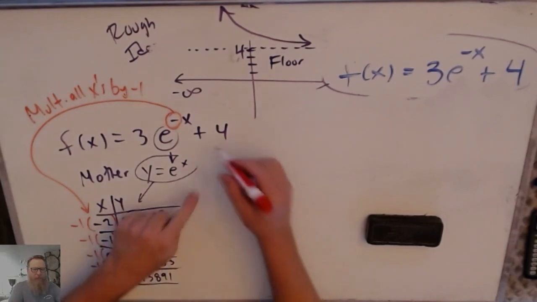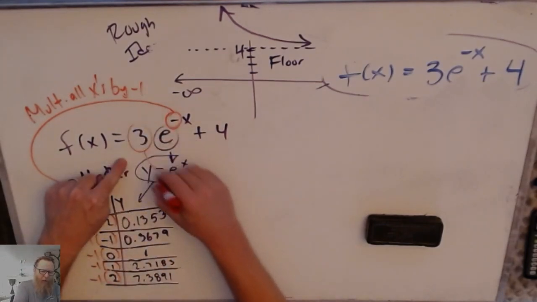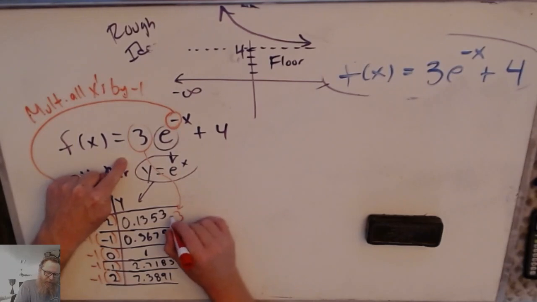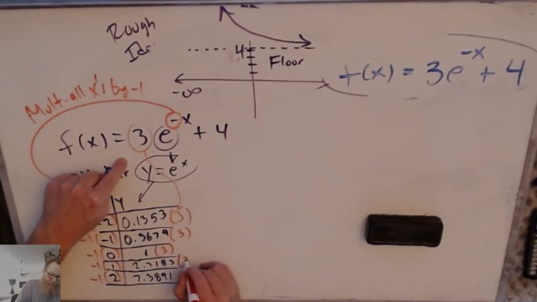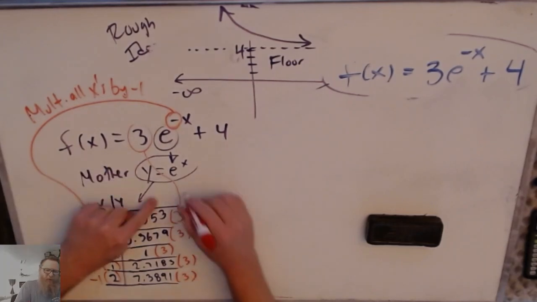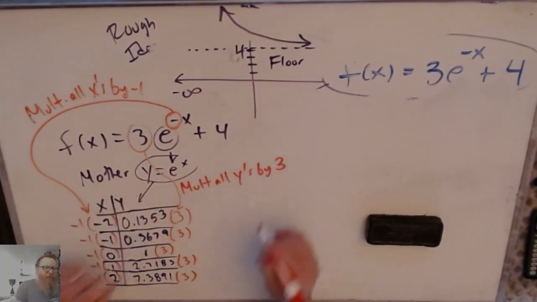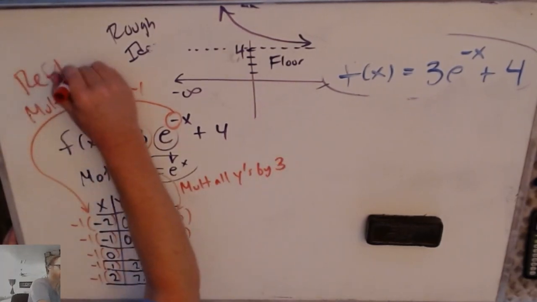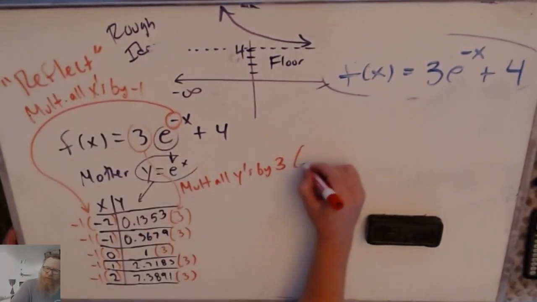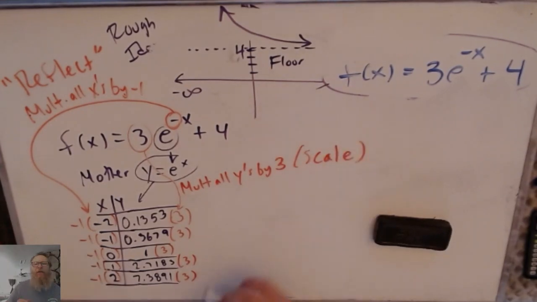Right. Now you're going to multiply all the y's by 3. That's called a scalar. This is called a reflection. This is called a scalar.